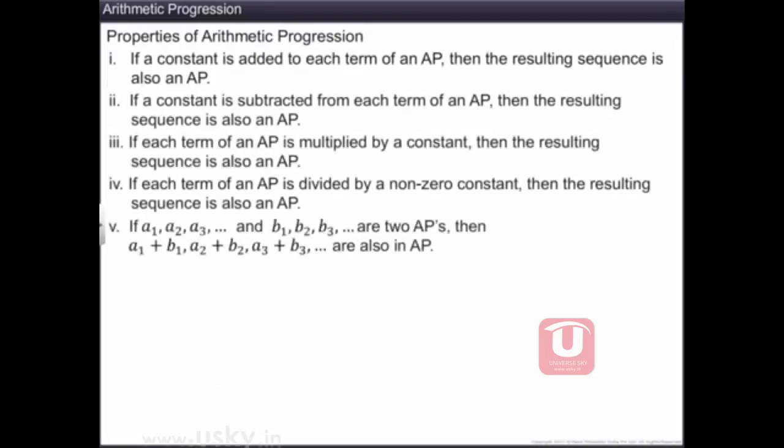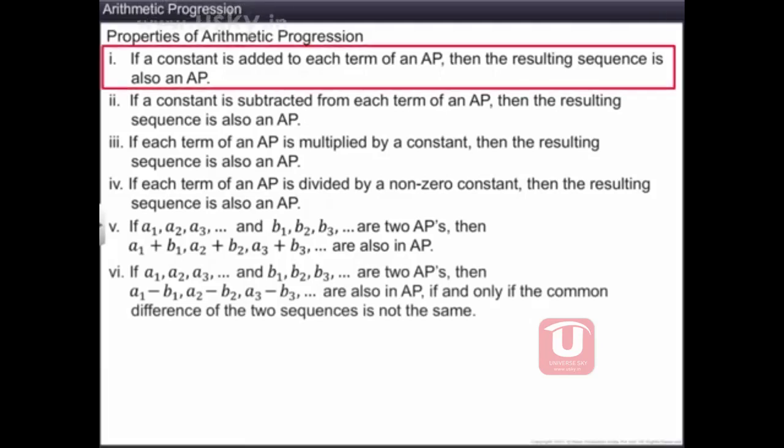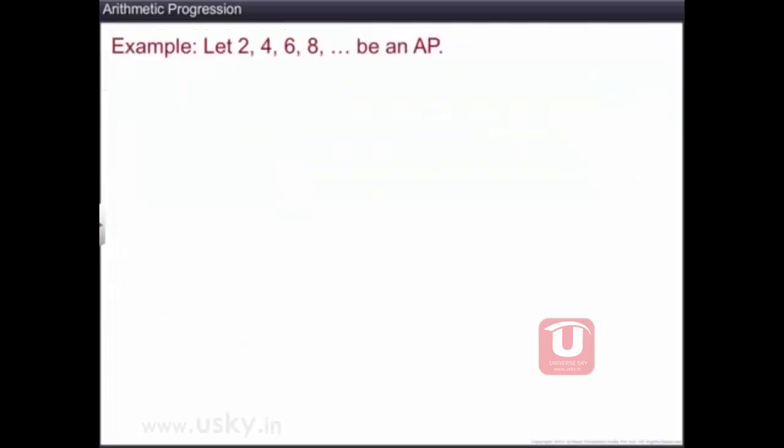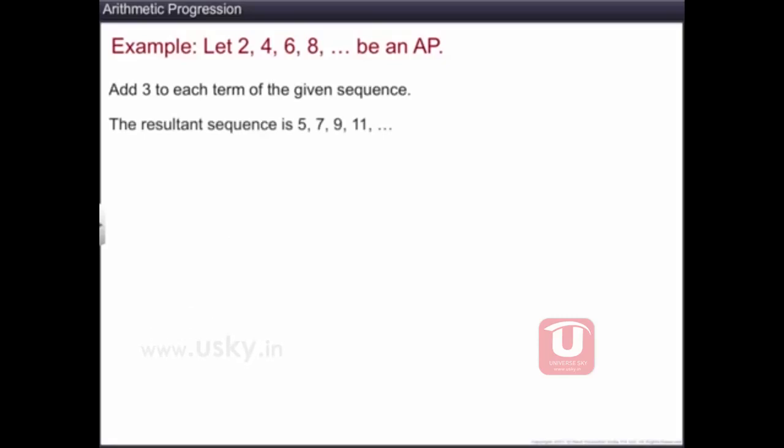First is, if a constant is added to each term of an arithmetic progression, then the resulting sequence is also an arithmetic progression. Consider an arithmetic progression with the terms 2, 4, 6, 8, and so on. On adding 3 to each term of the given sequence, the resultant sequence is 5, 7, 9, 11, and so on.